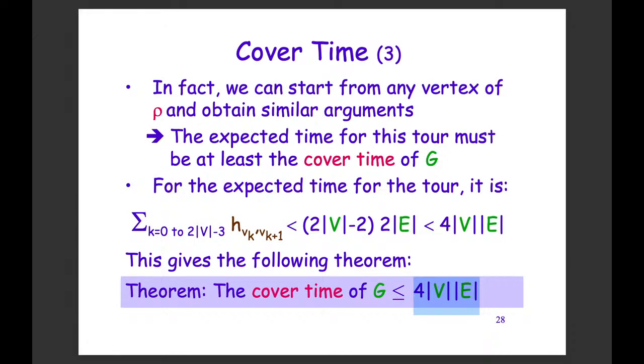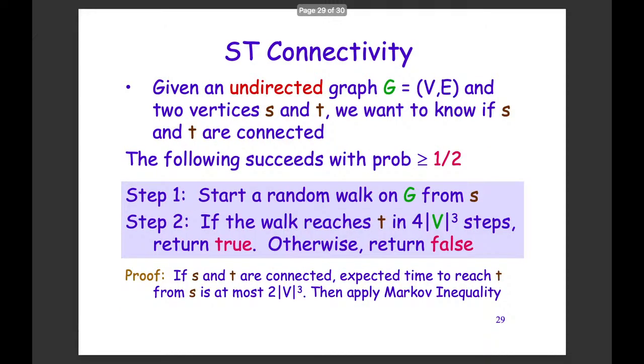Okay, and so with this we can define a so-called algorithm for doing a random walk on this graph G. Let me repeat. We want to design an algorithm of doing a random walk on the graph so that we expect we will hit every vertex at least once.